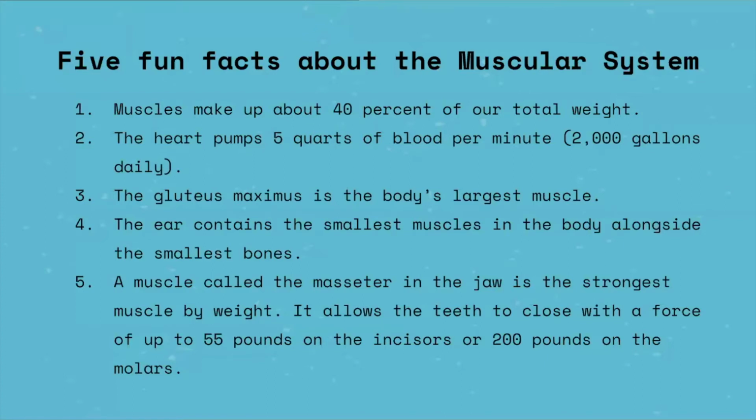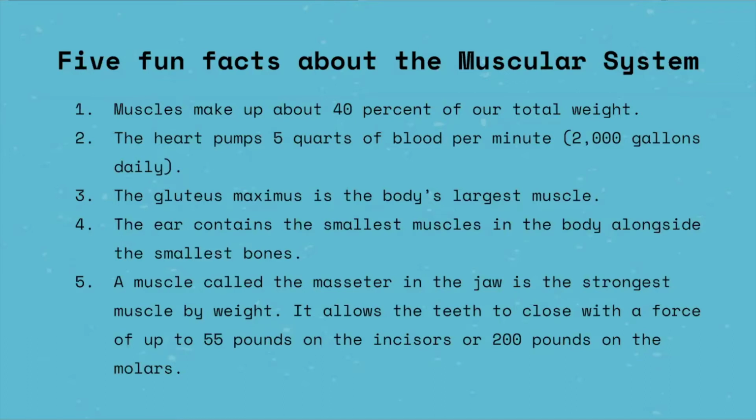I think fat's the main one. Yeah. And another fact is that the heart pumps about 5 quarts of blood per minute, which in total would be about 2,000 gallons every single day. Everyone's heart pumps about 2,000 gallons per day. I think that's the strongest pump I know.